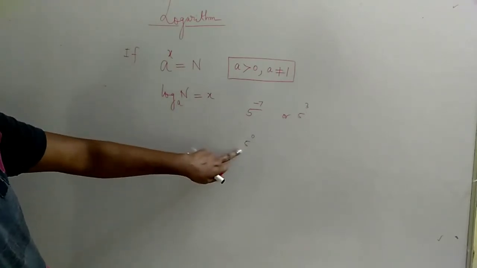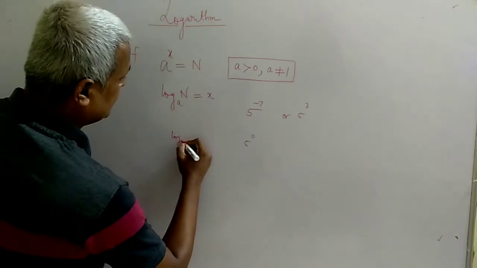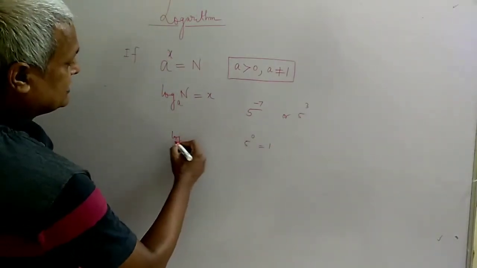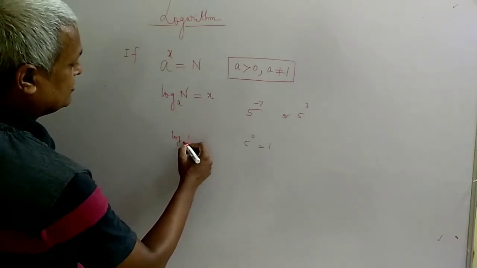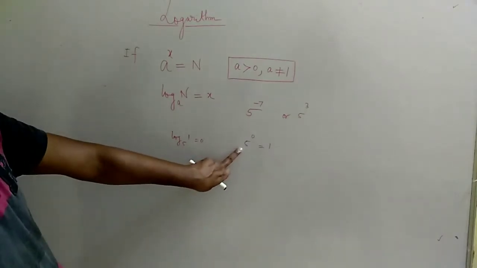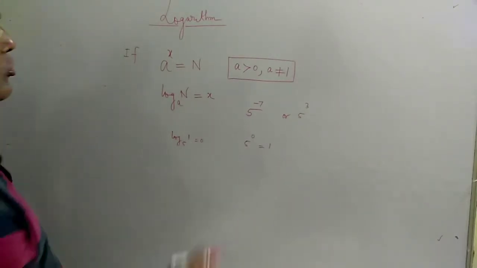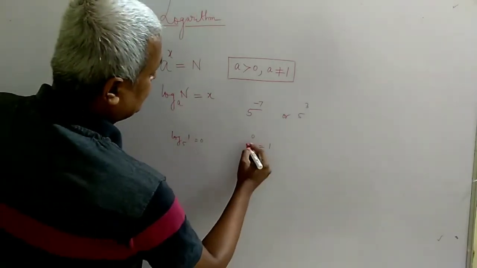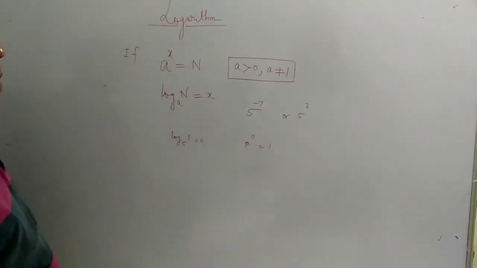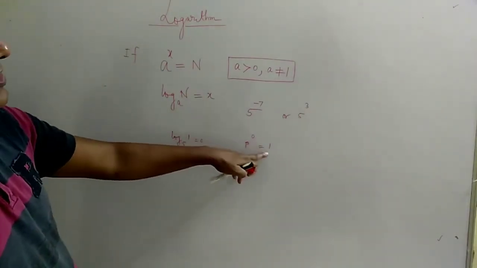If I take this situation, 5 to the power 0, this is written as 1. So this is written as log 1 to the base 5 is 0. What does this suggest? That whatever the base is, log 1 is always 0. Like if I write p to the power 0, p can be anything, because indices says that any number to the power 0 is 1.